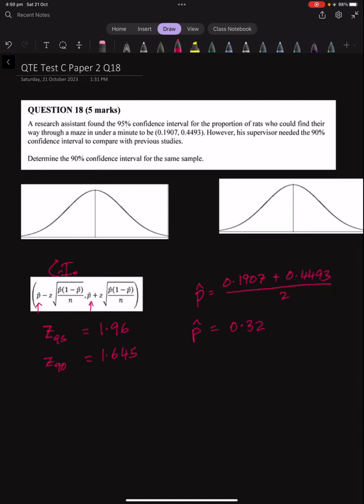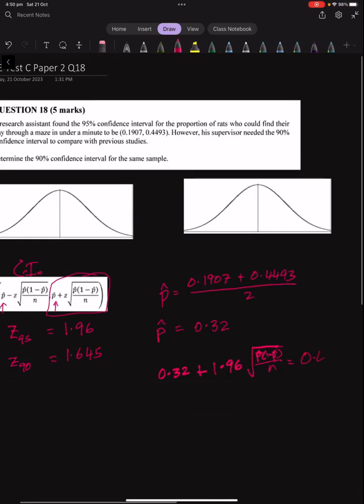Because I know that our p-hat, 0.32, plus 1.96 times the square root of p-hat 1 minus p-hat over n, that's this calculation I've got right there, that's equal to the right-hand side of the confidence interval they gave us, 0.4493.